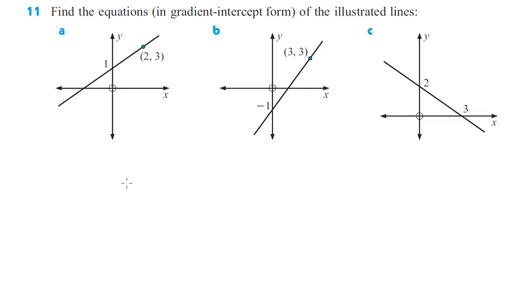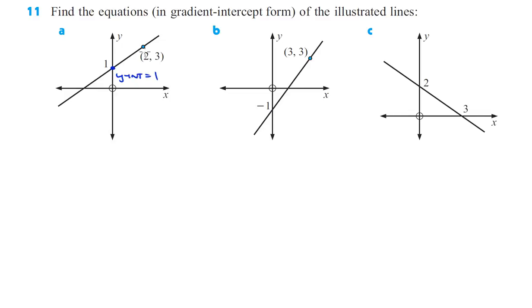All right, number 11. Find the equations in slope-intercept form of the illustrated lines. Okay, so we know this right here is at 1. Really all we need to do is find the slope, since we know the y-intercept equals 1, so that's part of it.